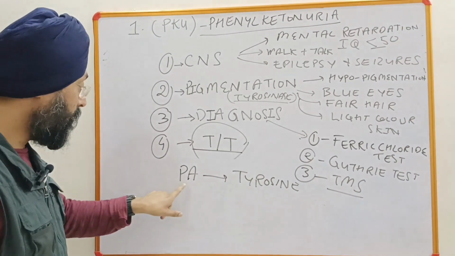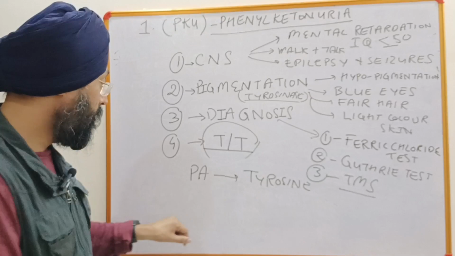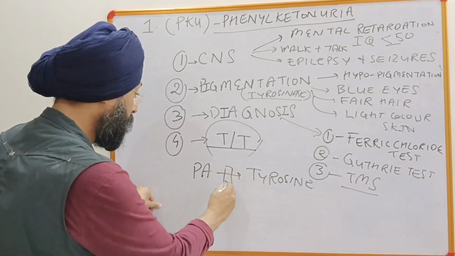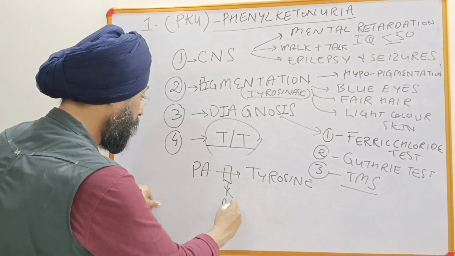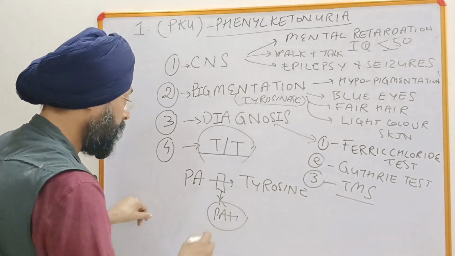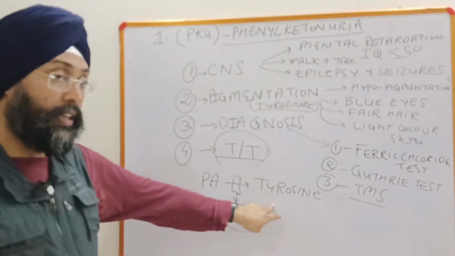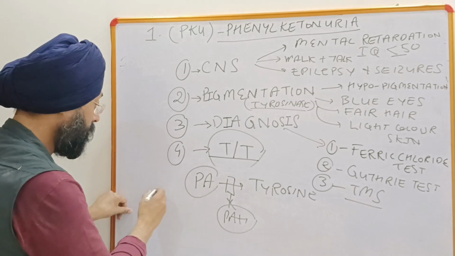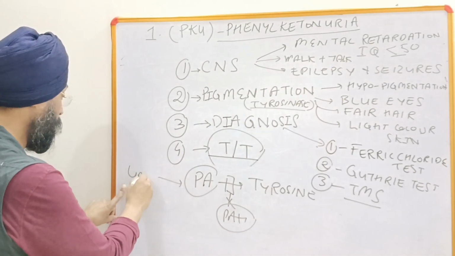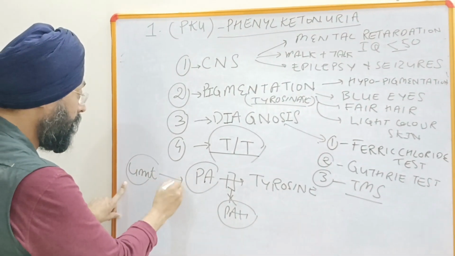Now coming on to treatment. This was the first step of conversion of phenylalanine to tyrosine. So there was blockage here, right? So the enzyme was phenylalanine hydroxylase, so this conversion is not going. So we have to limit the diet that contains phenylalanine, right?